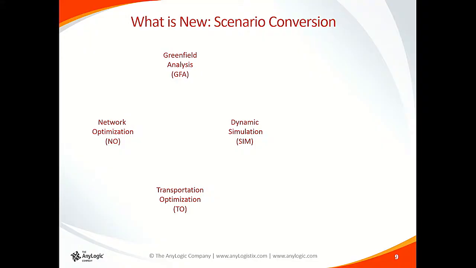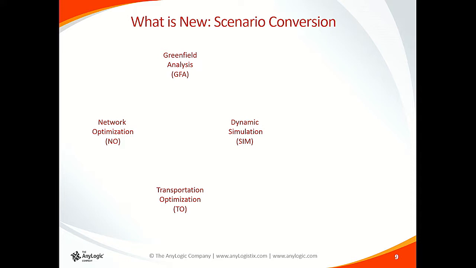So another great feature we just implemented in ALX. So in ALX now you have 4 types of scenarios. This is greenfield analysis, this is network optimization, transportation optimization, and dynamic simulation.